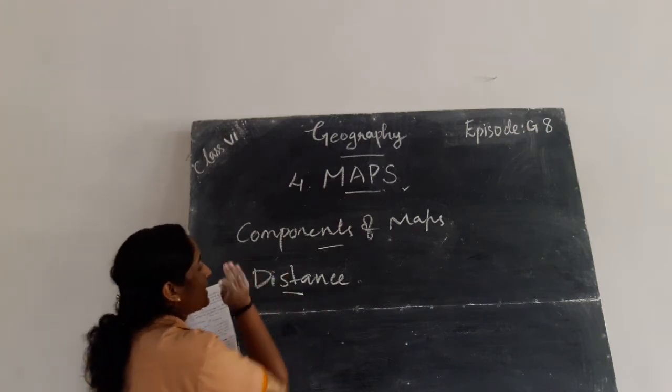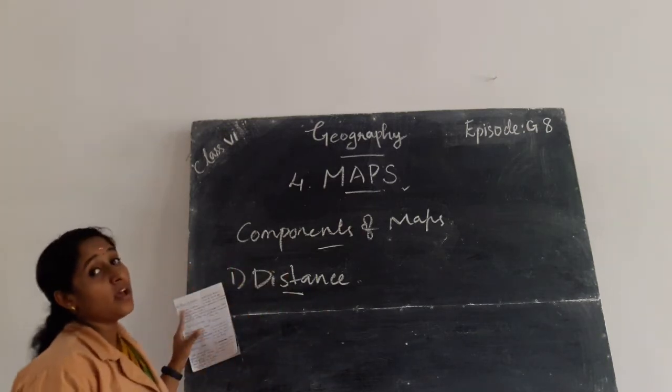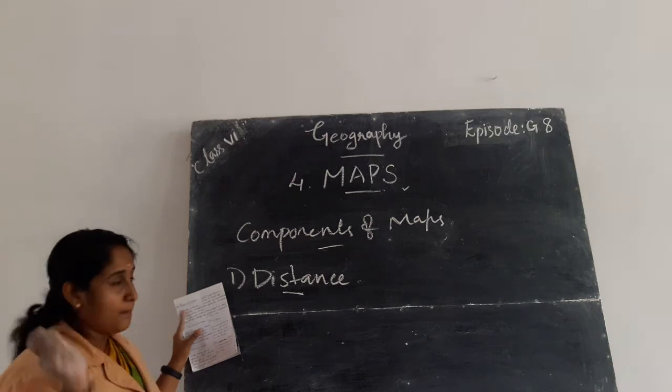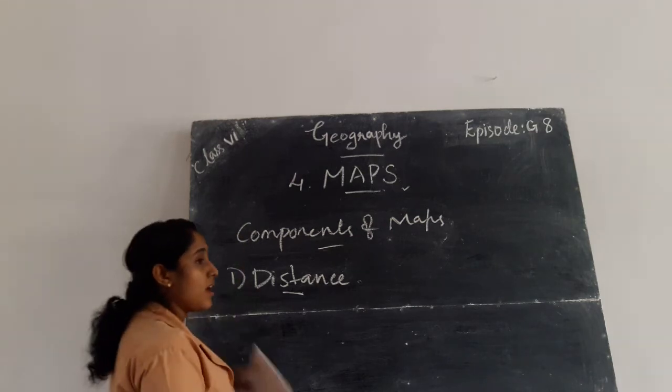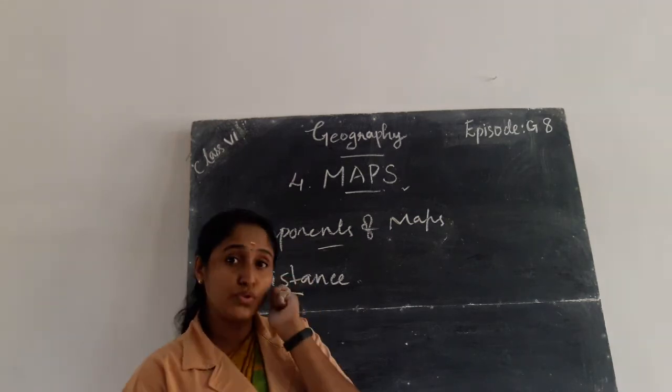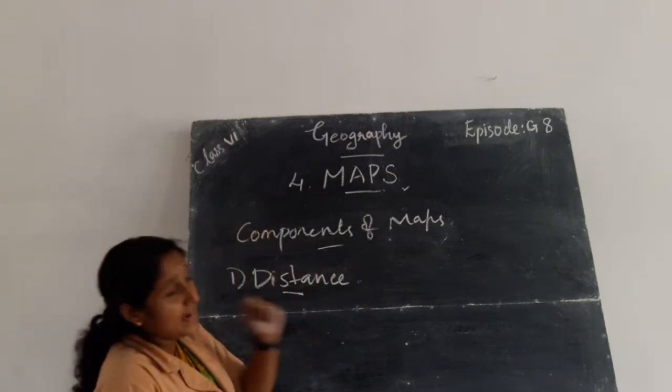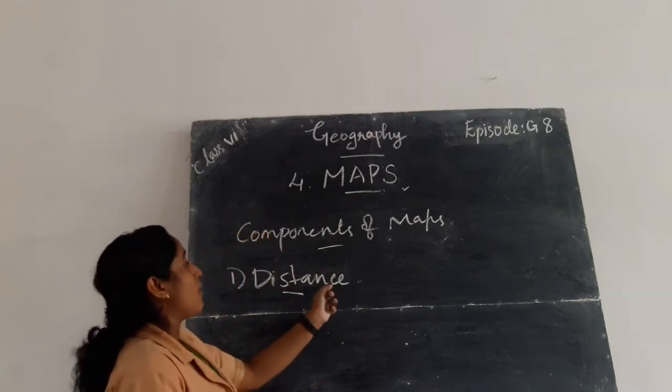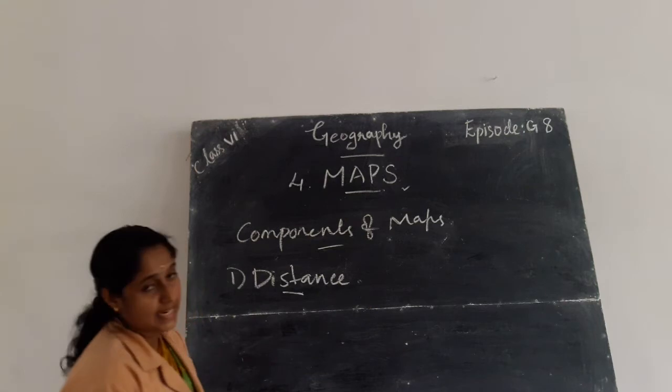These components help us read a map, or understand how to read a map. The first component is distance.